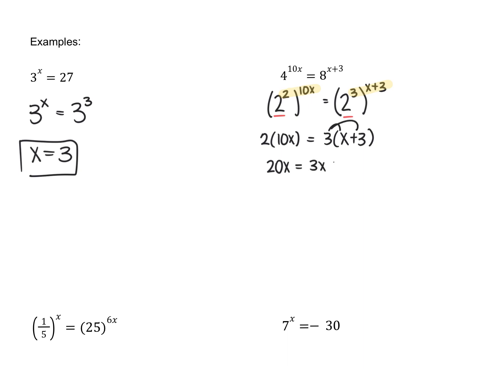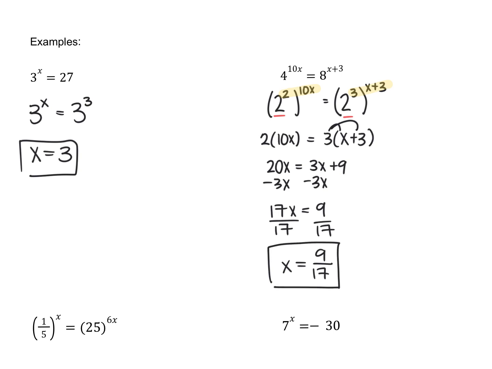I get 3x plus 9. Subtract 3x from both sides. We're going to get 17x equals 9. Divide by 17, and x is 9/17. So we're not always guaranteed to get nice fractions or even nice numbers, but we will get a solution.